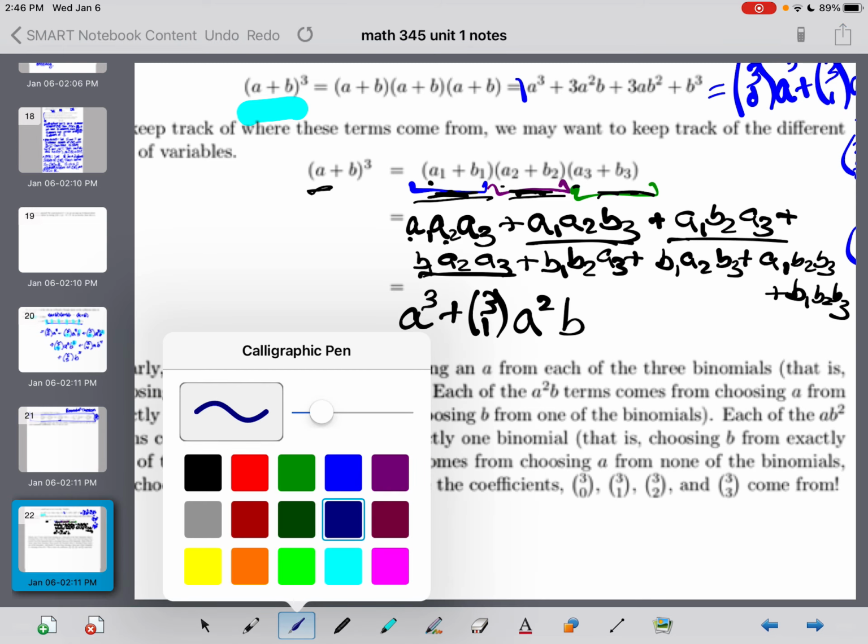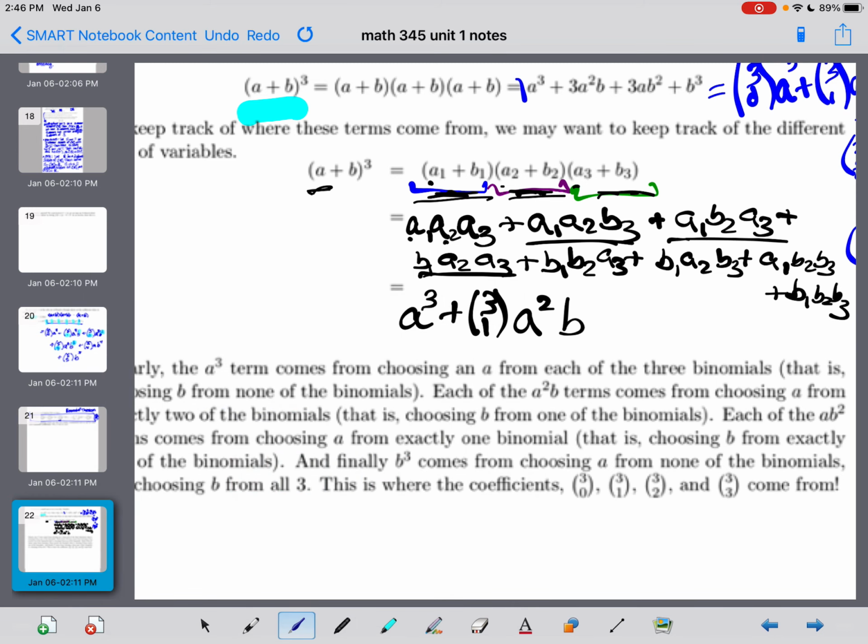Similarly, if we wanted to look at our a, b squared terms, that would be here, here, and here. In this case, we want to choose 2 out of the 3 sets of parentheses to choose a b term from. How many ways can you choose 2 sets of parentheses out of 3? Well, there's 3 choose 2 many ways.